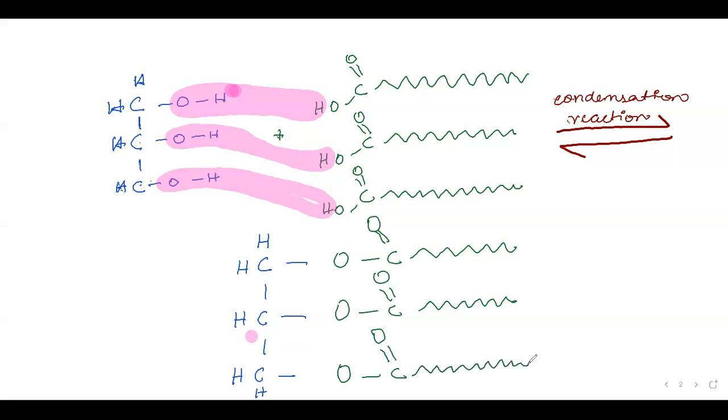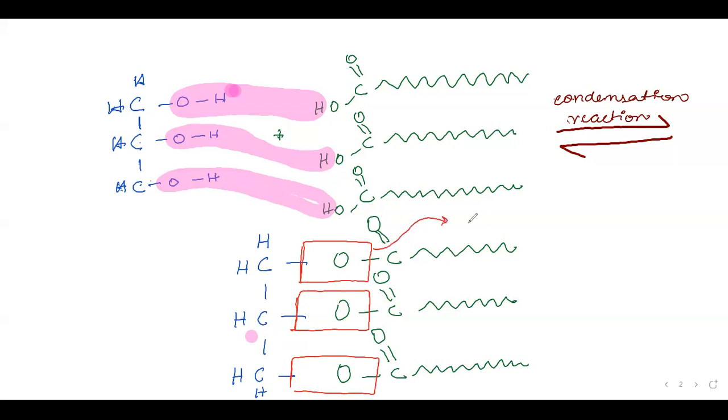Right? In carbohydrates, we had studied that the bond is known as a glycosidic bond. What is the bond known as that exists in triglycerides?